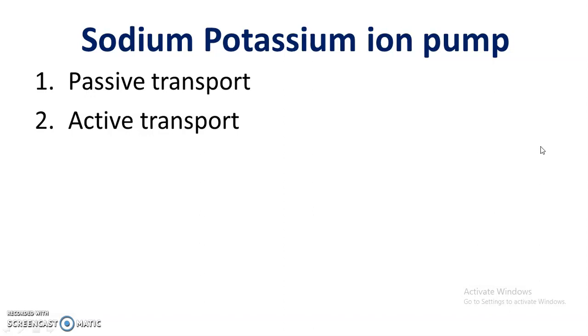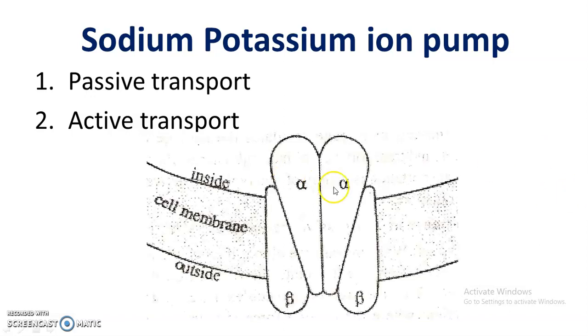It has 2 alpha subunits with a molecular weight of around 95,000, and 2 beta subunits whose molecular weight is approximately 40,000. The larger alpha units are in contact with each other.